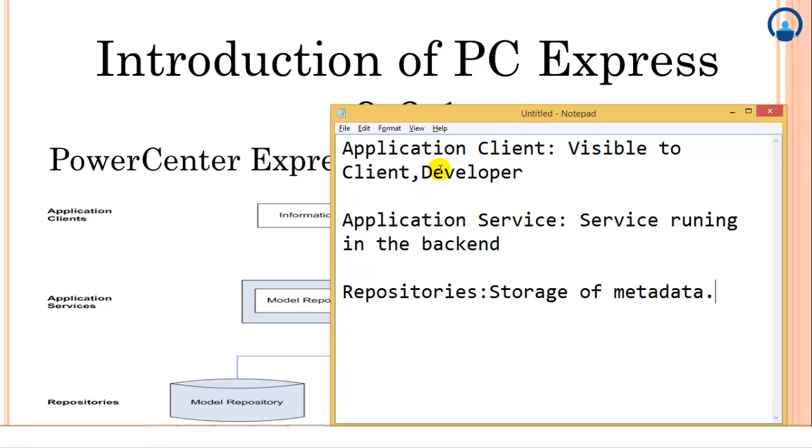And the third is the repository. The repository is where we are storing the metadata. It's our storage media for the profiling, and we also have the domain configuration repository.